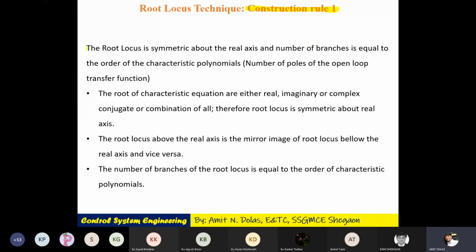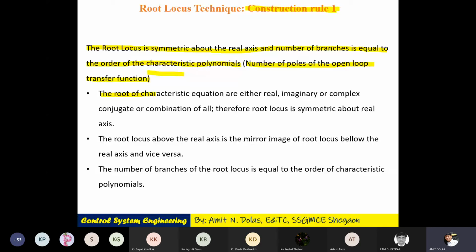So I'll read it. The root locus is symmetric about the real axis, and the number of branches is equal to the order of the characteristic polynomial, that is the number of poles of the open loop transfer function. जितने number of poles है उतने number of branches.